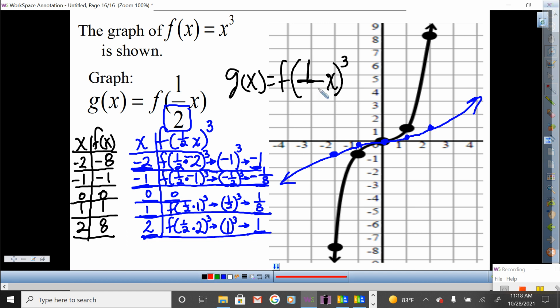Question. What would I have to substitute in here to make it compress horizontally? Talk it over to your neighbor. What would I need to substitute in there to make it compress horizontally? And we're talking about the denominator, right? Yes. What do I need to substitute in there to make it compress horizontally?